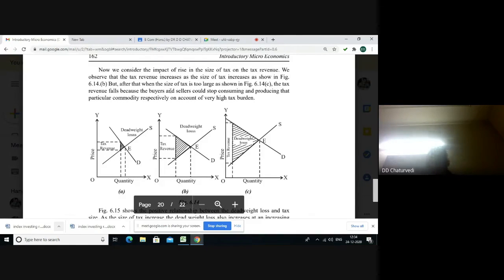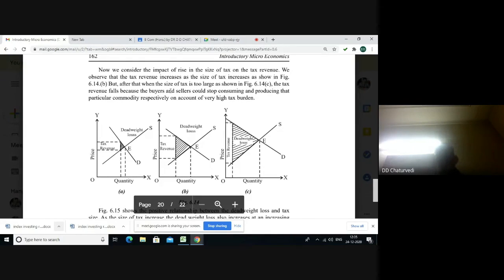So we have figure 6.14. There are three parts of this figure. We show the impact of rise in size of tax on the tax revenue. In figure 6.14a, tax per unit is very small, shown by the gap between demand and supply curves. In figure 6.14b, tax per unit increases, and this also leads to increase in the tax revenue, as shown by greater tax revenue area.